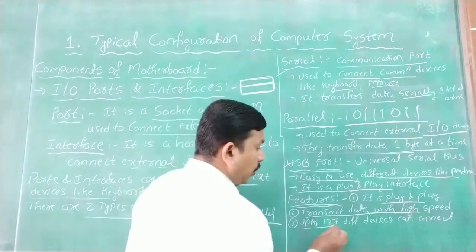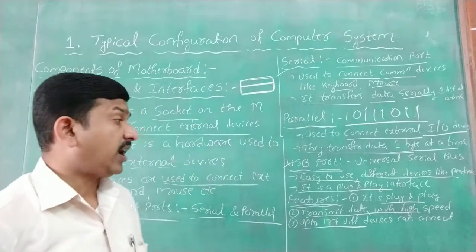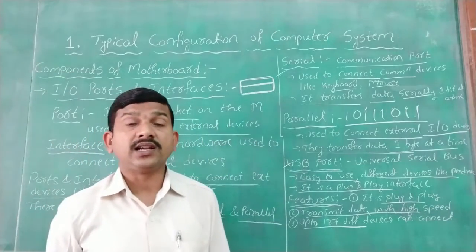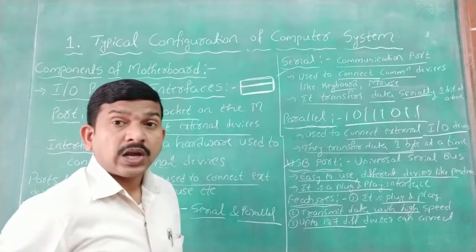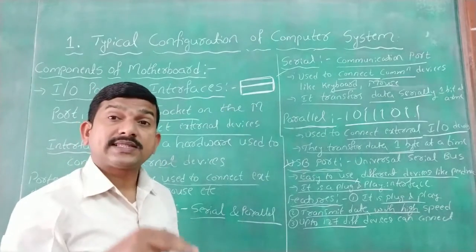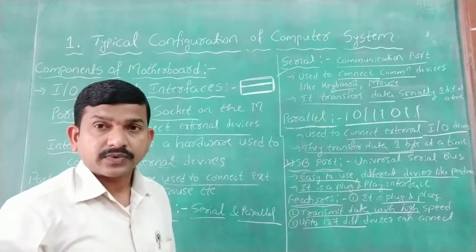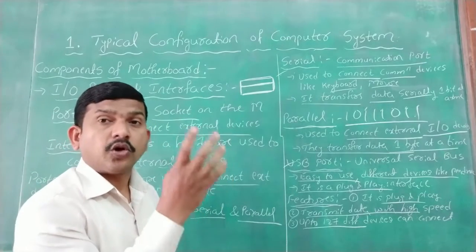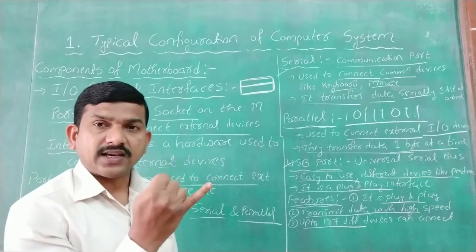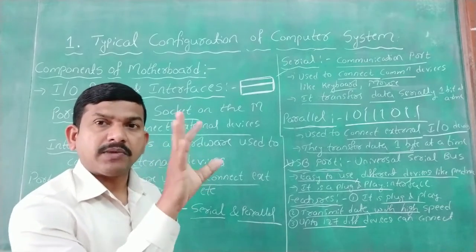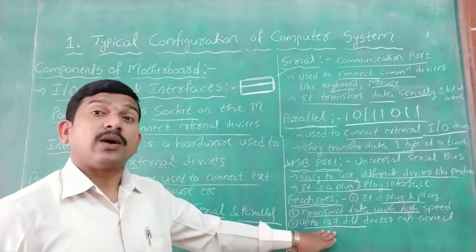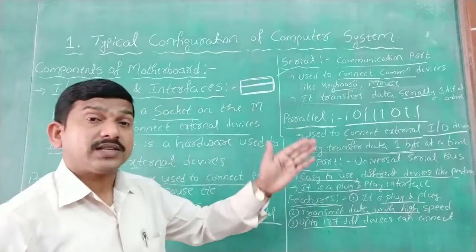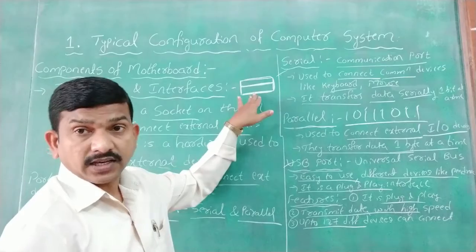Then up to 127 different devices we can connect here. Suppose this is a USB port, here I can connect around 127 different devices. I mentioned only keyboard, mouse, printer, scanner, pen drive, only 5. Up to 127 different devices I can connect here.